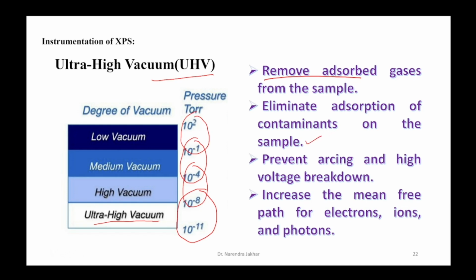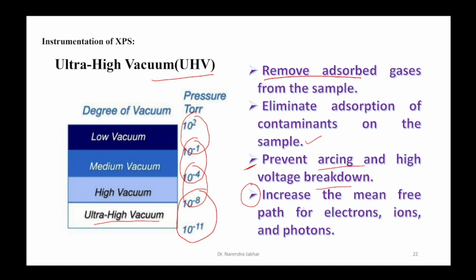It prevents arcing and high voltage breakdown. Since we are using high voltage in the X-ray generation and in the electron detector, having a good ultra high vacuum prevents arcing and high voltage breakdown. And the last one is very important again, since the electron is what?